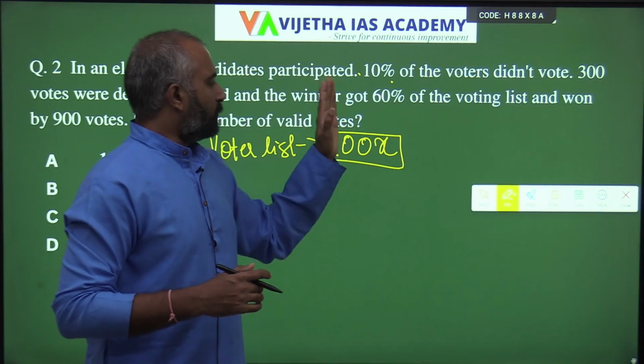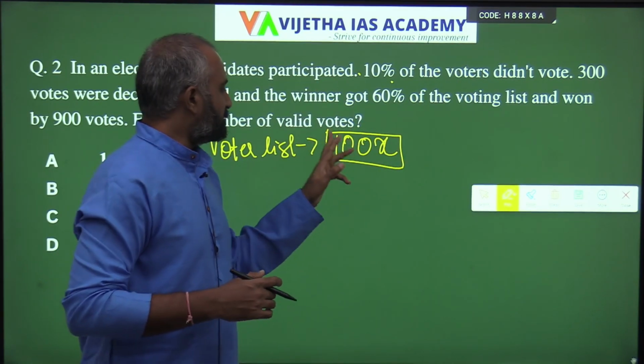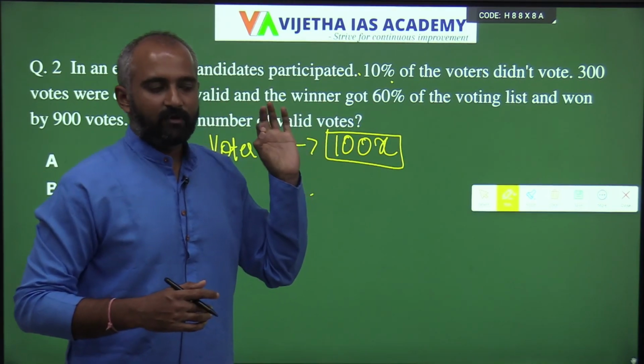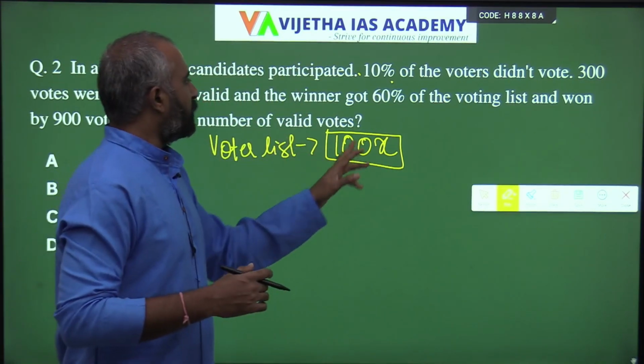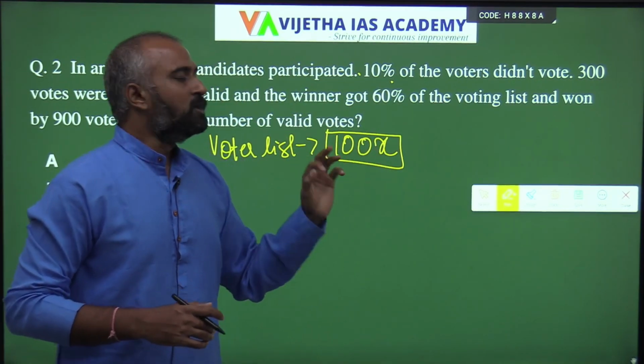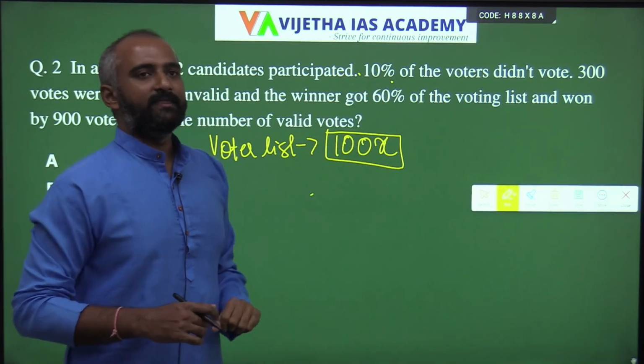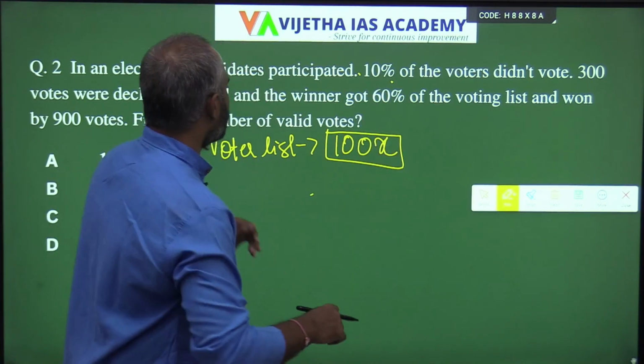So my suggestion to you is, the most efficient way to solve any percentage problem depends upon your initial value, and your initial value should be dependent upon the values given in the data. Having said that, let's get back to the question.